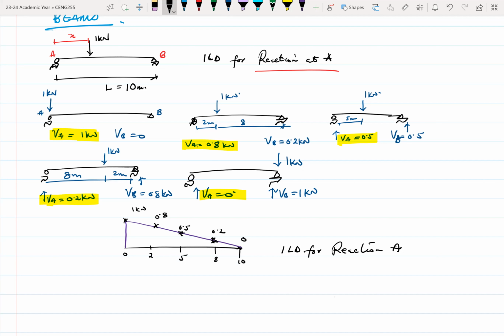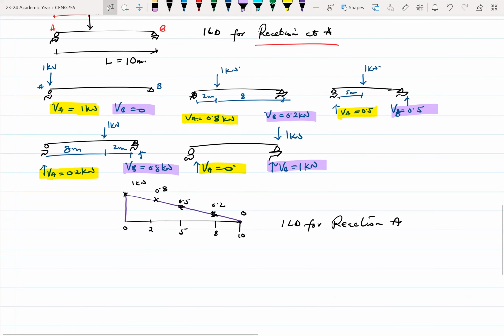So you can find reaction at A. You can also find the ILD for reaction at B, which then becomes the opposite in this case. Here again, if the load is at B, VB is 0. If the load moves to 2 meters, VB is 0.2, at 5 meters, VB is 0.5, at 8 meters, VB is 0.8, then at 10 meters, VB is 1 kilonewton.